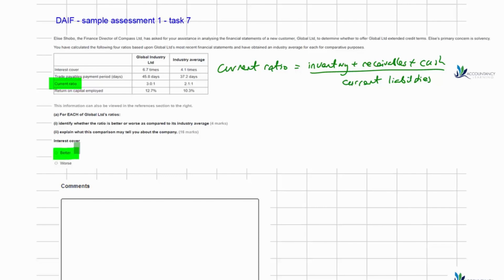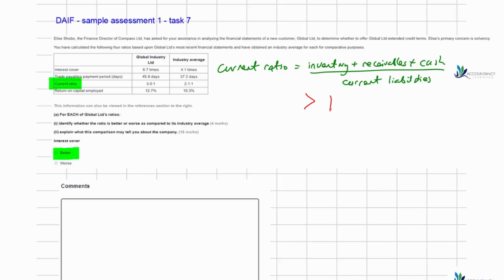So we want to make sure that the current ratio is at least 1. Okay, that's the minimum. If the figure is less than 1, we would be worried because it will tell us that we don't have enough assets that are going to convert into cash in the next 12 months to be able to pay off the liabilities that fall due in the next 12 months. See, our minimum expectation is that the current ratio is at least 1.